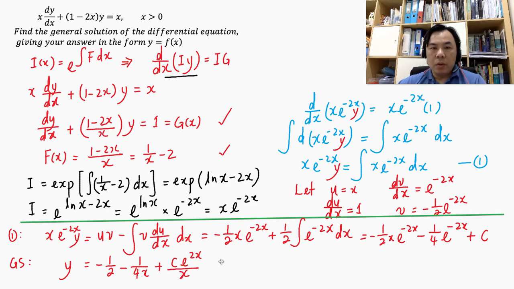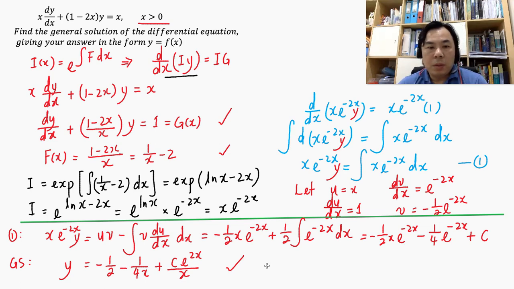And then of course in this case they have already made a restriction, knowing that x is greater than 0. That's the reason why we can divide both sides of the equation, and then this will be our final solution, the general solution to the first order ordinary differential equation, right?